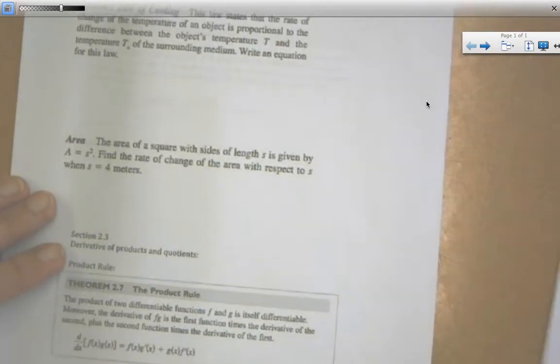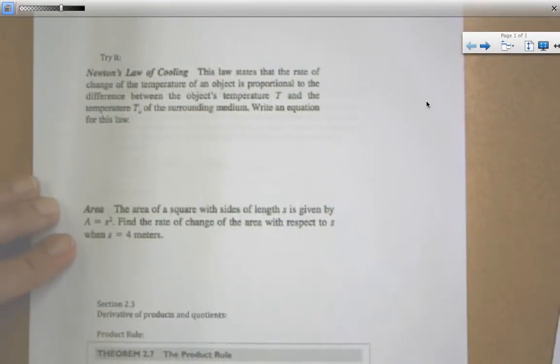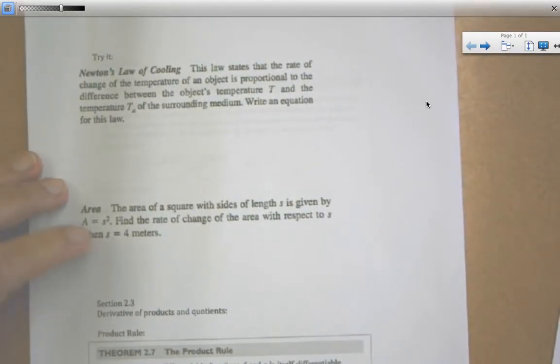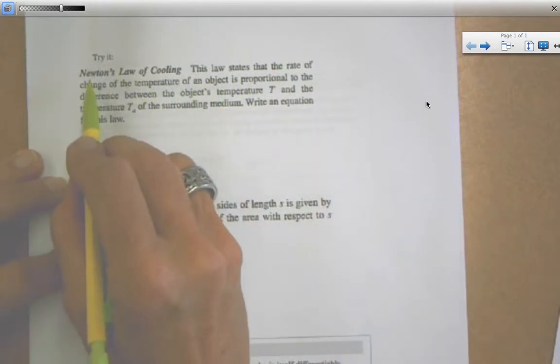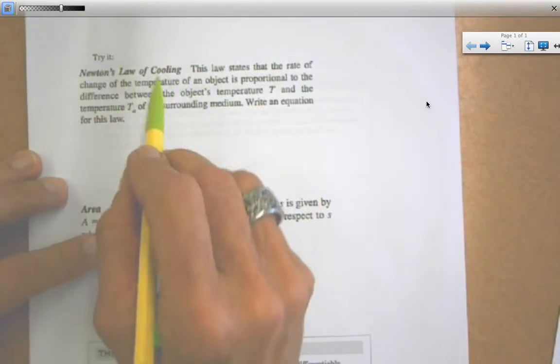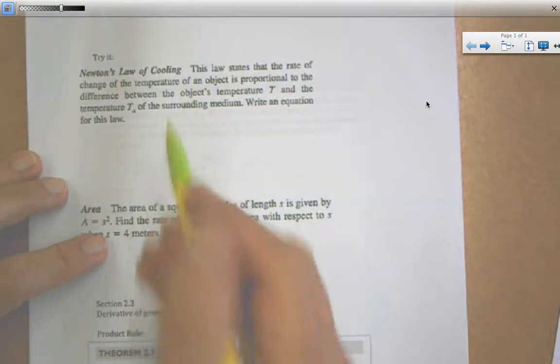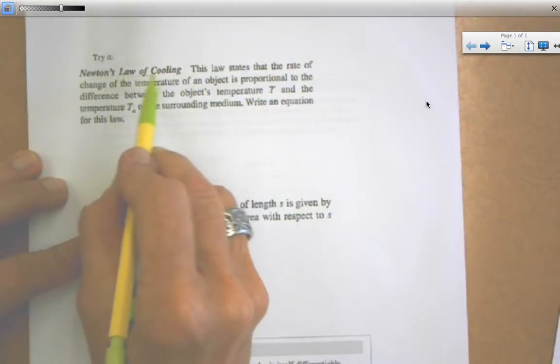All right. Now then, remember, we're trying to convert what we're reading into notation. So let's see what happens if we're given a situation where we've got to write what these words mean. Newton's law of cooling.